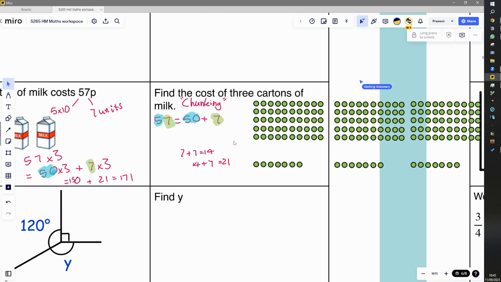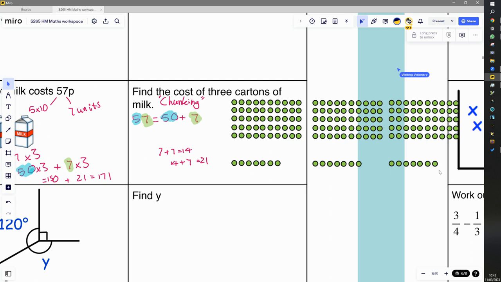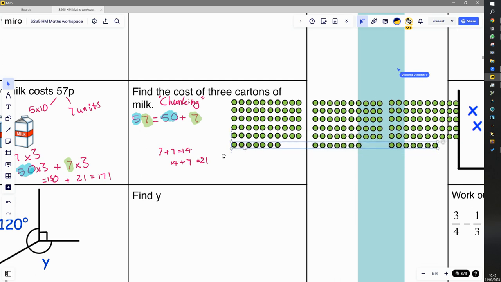This is the way that I sort of showed in a diagram actually, that each one of these bundles of circles is 57. The whole row is 10. We have 5 rows. Then we have an incomplete row, which is 7. And we know that 3 lots of 57 would be 3 of this entire lot. So I've tripled it.